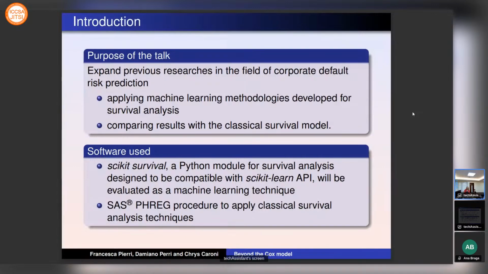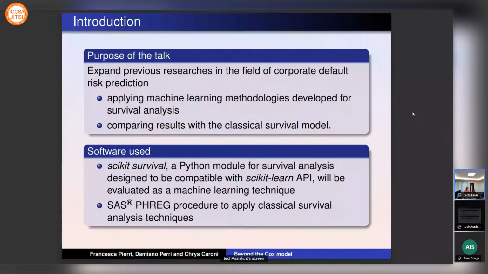Scikit-survival is a Python module for survival analysis designed to be compatible with the Scikit-learn API, and this is evaluated as a machine learning technique. And then we use the SAS PHREG procedure to apply classical survival analysis techniques.